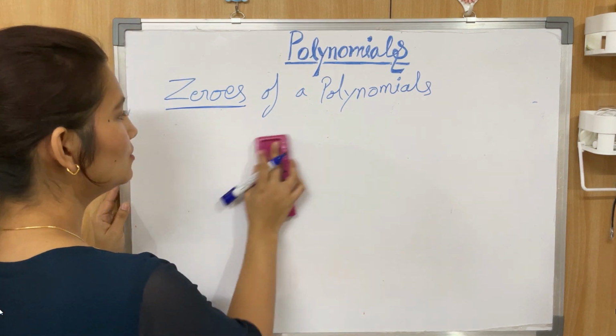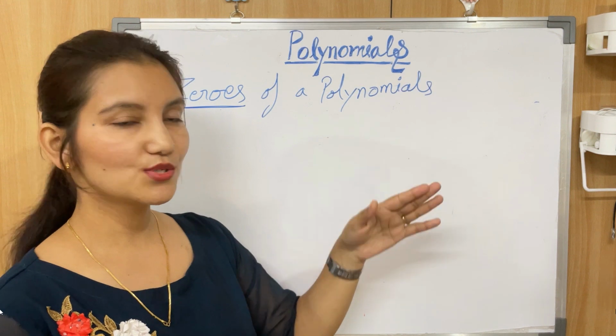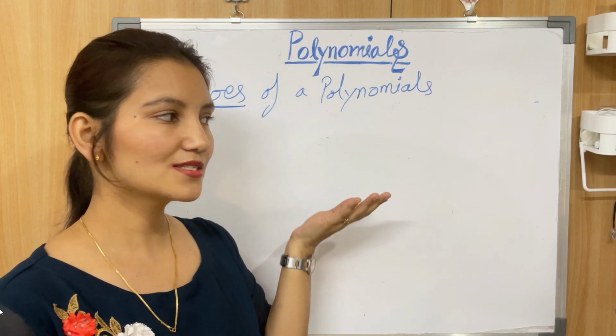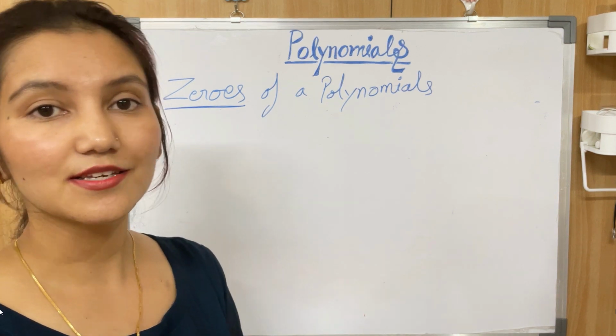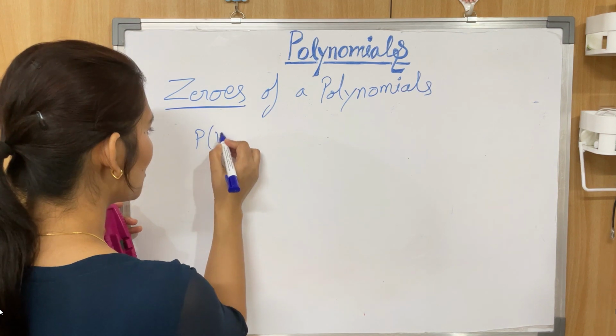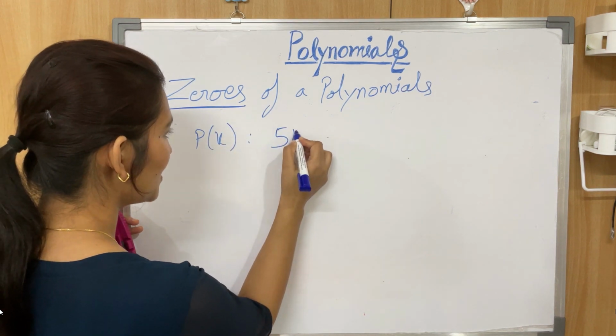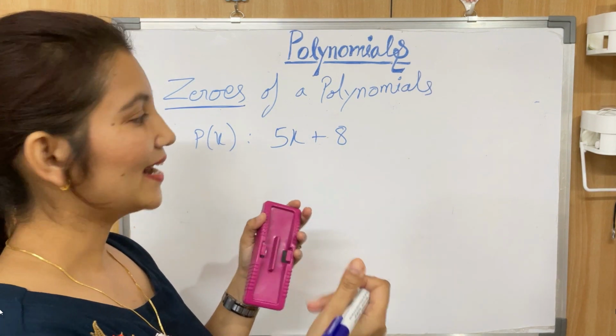Okay. Now these were simple expressions, and we could easily find out the 0 of the polynomial by just looking at the expression. If I ask you to find out the 0 of this polynomial, 5x plus 8, it's a bit typical, it's not that easy.